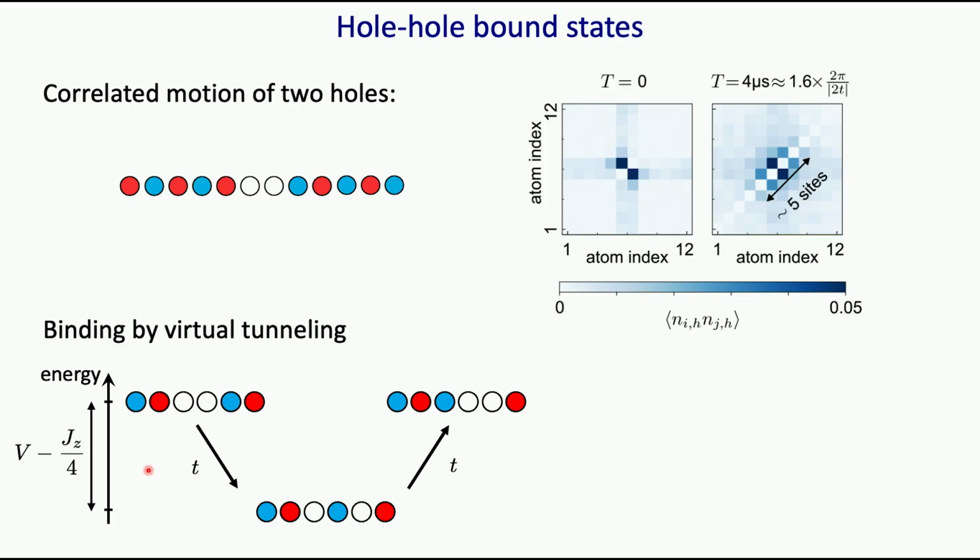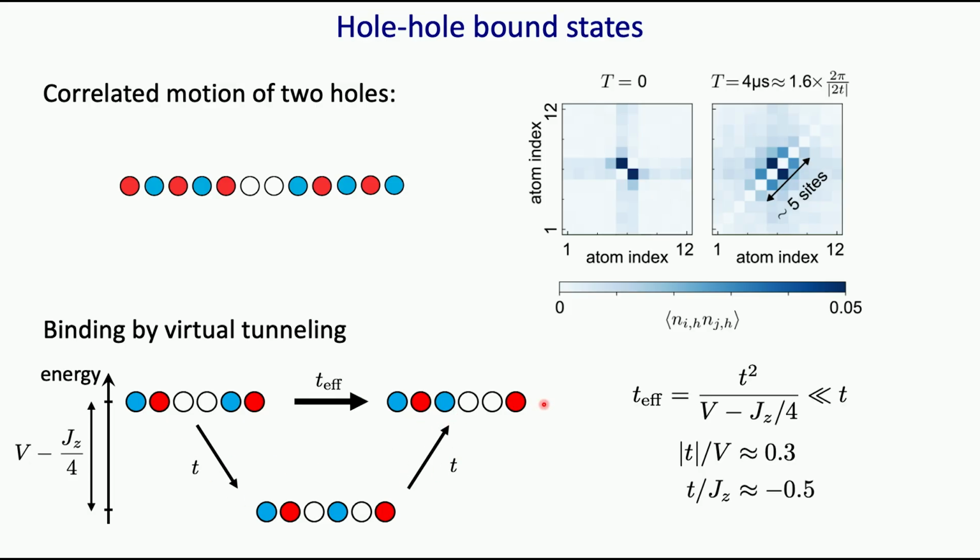It comes from the fact that you're breaking the antiferromagnetic order between two neighboring spins. So there is an energy mismatch, but there is still a tunneling that allows you to go from this to this and back to this. The propagation of the hole therefore corresponds to a second order process, and you have an effective tunneling, which is just T squared divided by the energy difference here.